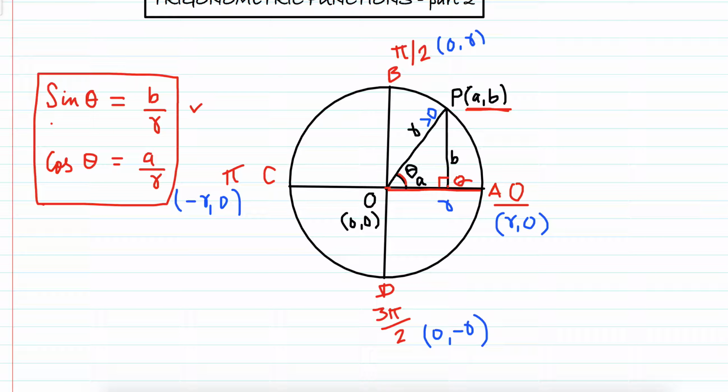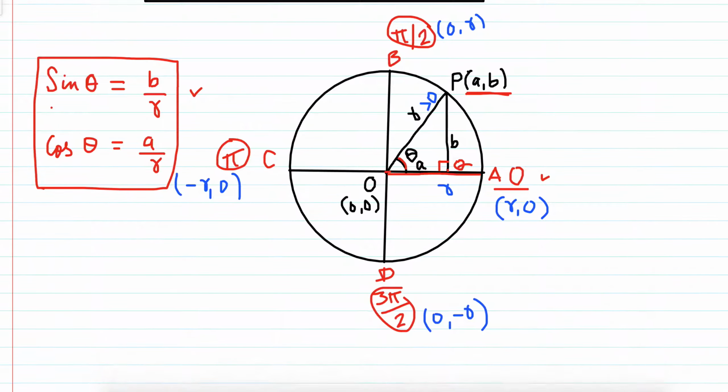And these angles 0, pi by 2, pi and 3 pi by 2 are multiples of pi by 2.